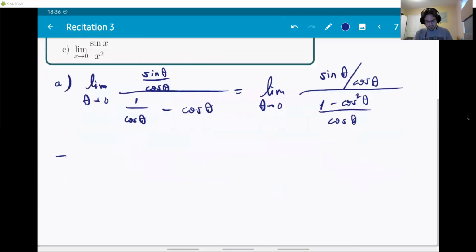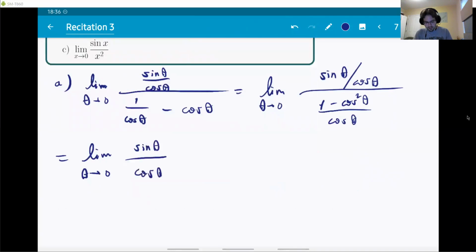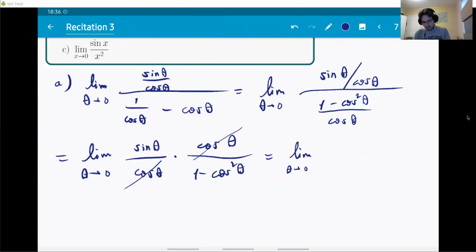Now you know that if you have a fraction of fractions, you can basically just multiply by the reciprocal of the fraction in the denominator. And you can cancel these cosines. So we have been able to simplify this all the way down to sine theta over 1 minus cosine theta squared.